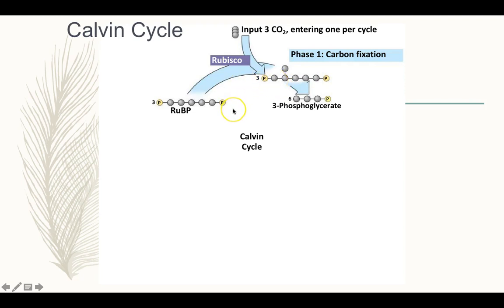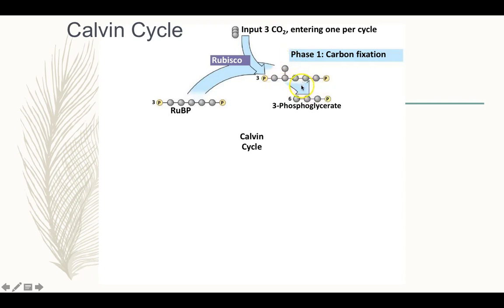Another thing I want you to notice about RuBP is that there is a phosphate on both ends. That's why it's ribulose bisphosphate. Phosphates on both ends, there are 2 phosphate groups. So in carbon fixation, we take this 5 carbon compound, add a 1 carbon compound to make a 6 carbon compound.